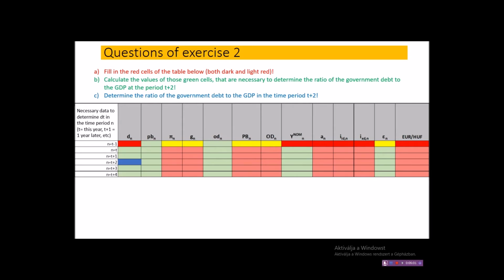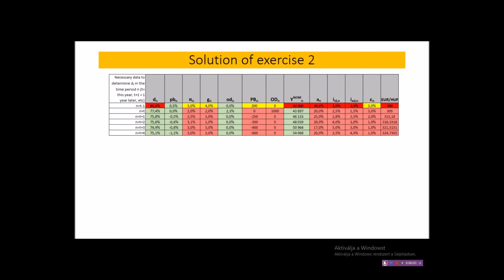First, we will need to fill in the red cells, those data that were already given in the exercise. If we go back to the text, we can find this here. The nominal GDP of last year, that is epsilon t minus 1, which was 42,000 billion forints. The ratio of the government debt last year was 80%.